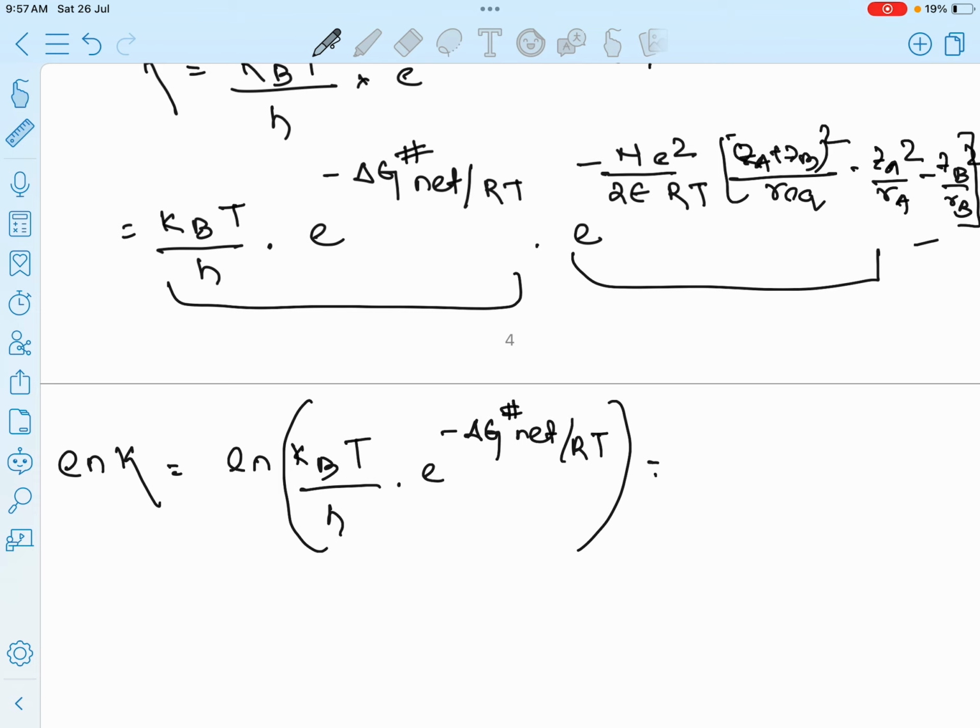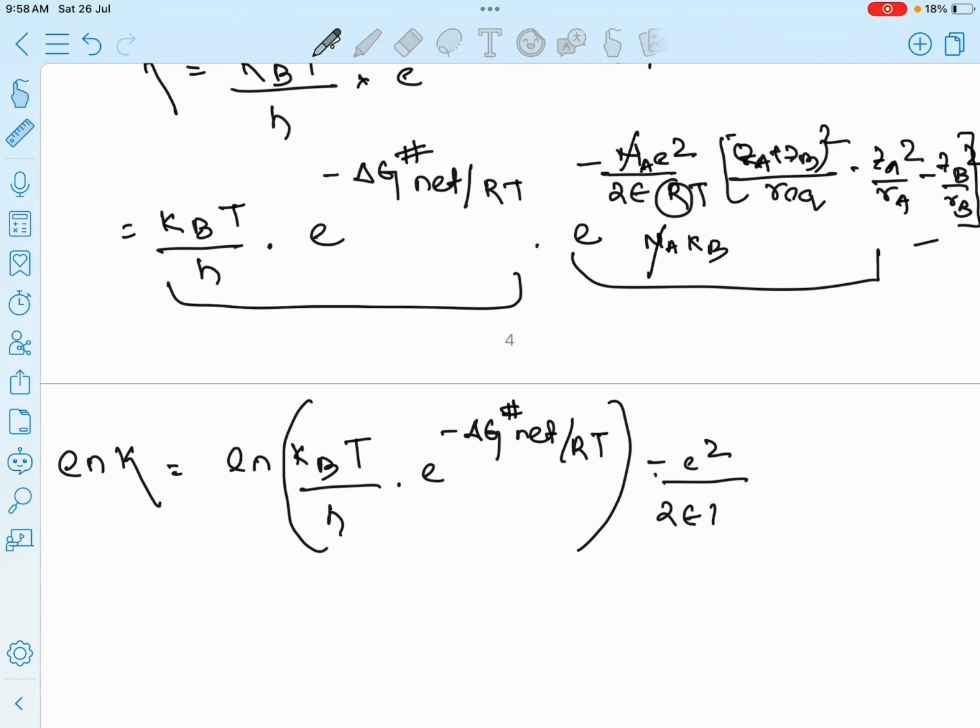That means at last your expression will be 2 epsilon, and R is nothing but Na, Avogadro's number, into kB. Here Avogadro's number, it is also Avogadro's number, that gets cancelled out.